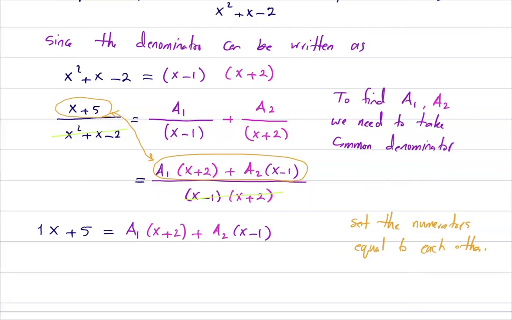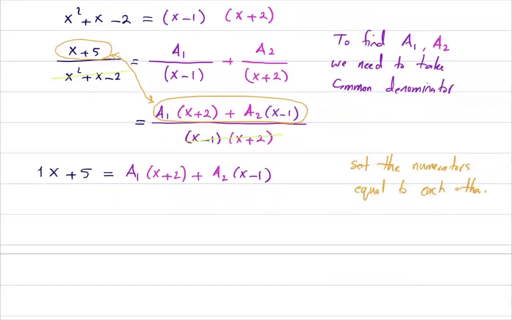In doing the shortcut, let me write it down here for you. You can set x equals to -2, so it becomes -2 plus 5.